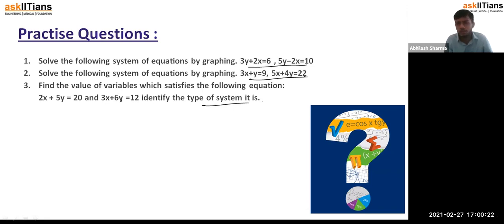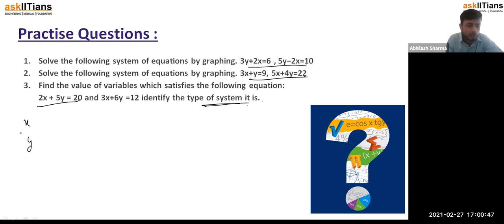Like we can use whatever method we wish, but let us use graphing method since in this lecture we have been following graphing. Otherwise, we can simply use any other method. We can simply use cross multiplication method to identify the type of system as well as the solution itself. But since right now we are focusing on the graphing method, let us see how to draw this particular line.